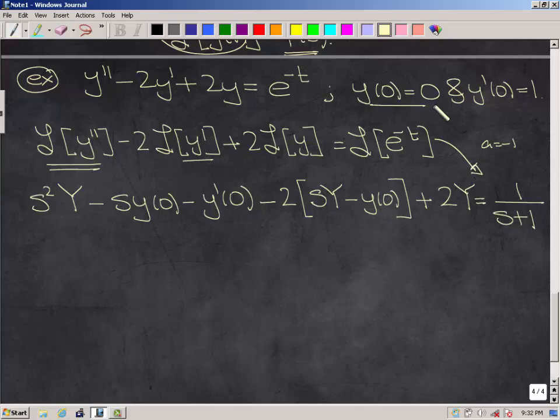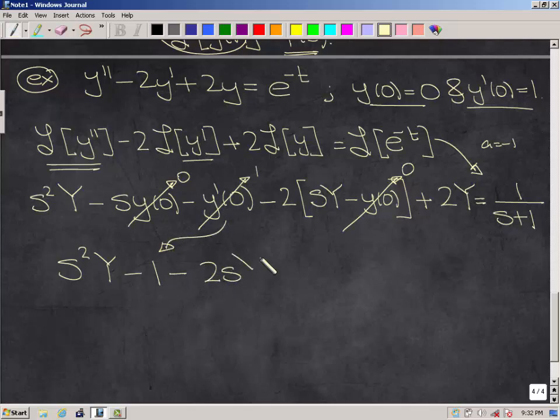Now let's use the initial conditions that were given to us. That's why we need those initial conditions. We know that y of 0 is 0, so that's gone. We know that y prime of 0 is 1. So we get s squared big Y minus 1, that comes from here, minus 2s big Y, I distributed this negative 2, plus 2 times big Y is equal to 1 over s plus 1.